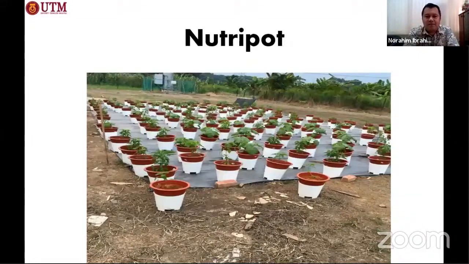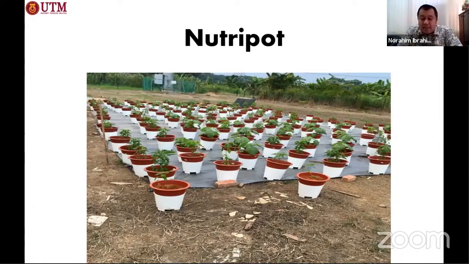And then you can also use them in this kind of NutriPot, kita panggil kaedah NutriPot. This is for lazy people who don't like to water their plants. Orang yang tak ada masa, I don't have time. Saya tak ada masa dah nak siram pokok. Then you can use this method. You have ada dua pasu, 2 pots.